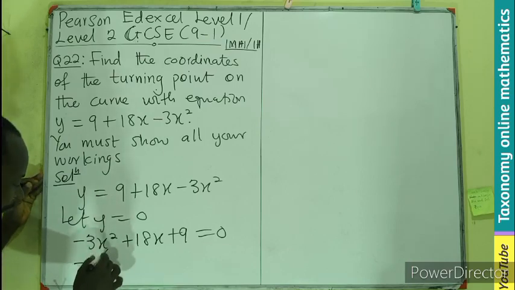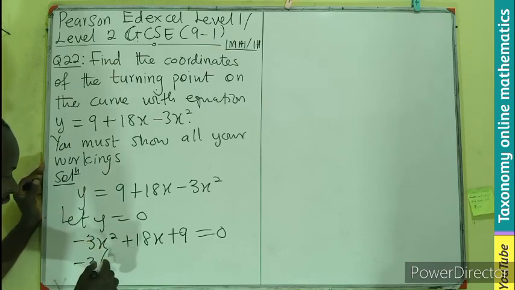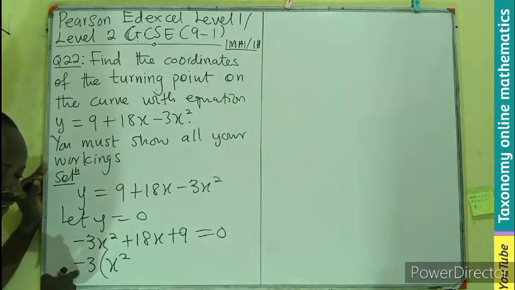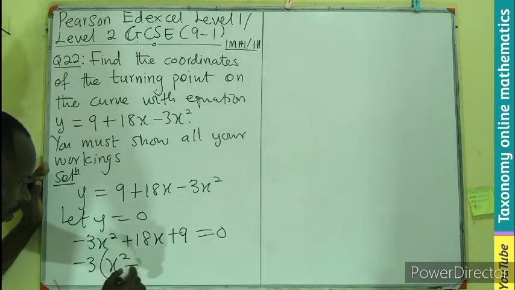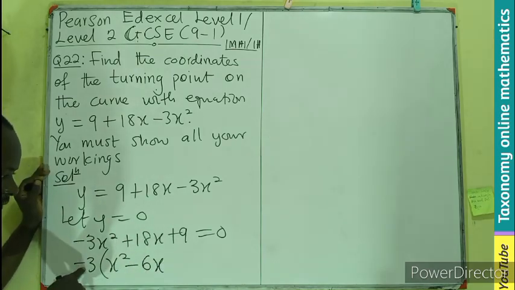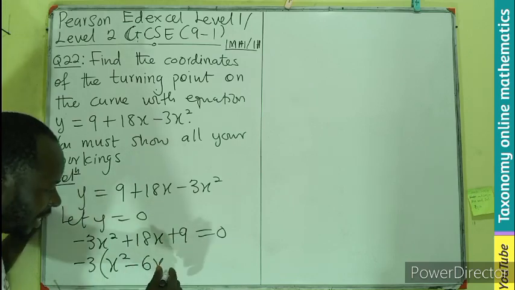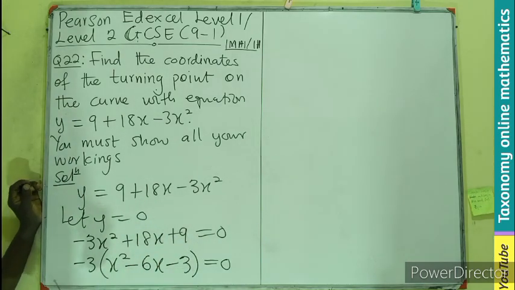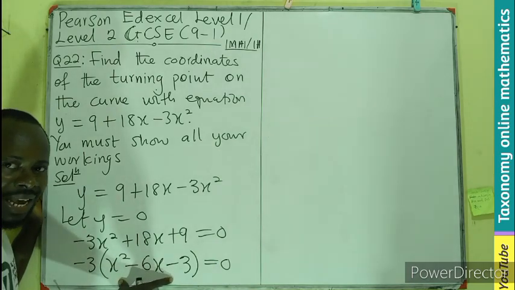Minus 3 out. Dividing this gives x squared, then because of the negative, negative 6x. Dividing the 9 gives us minus 3, equals 0.